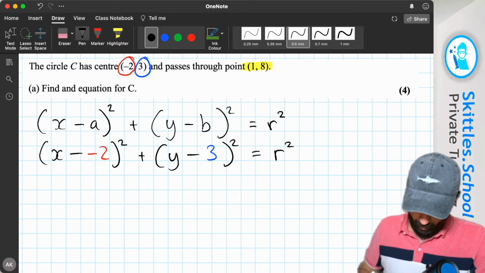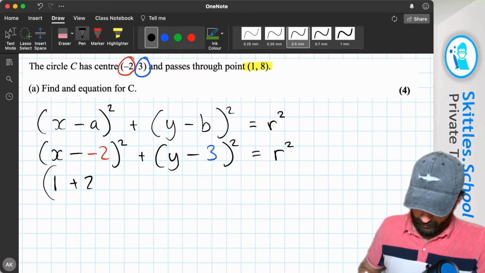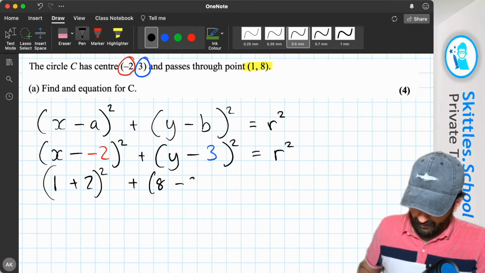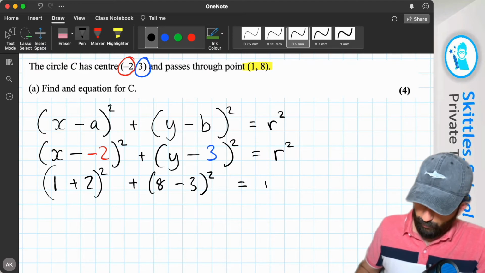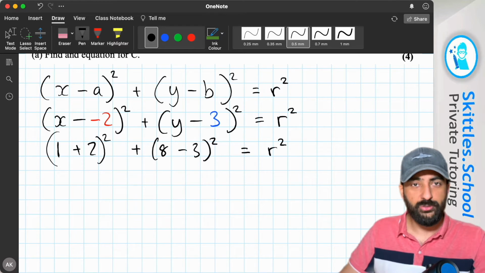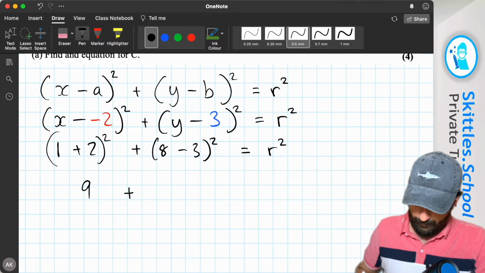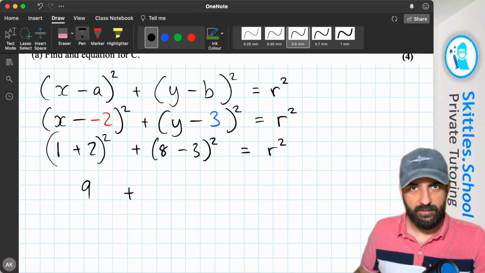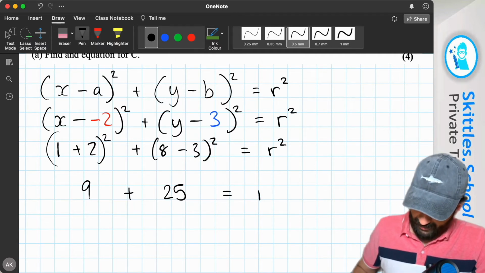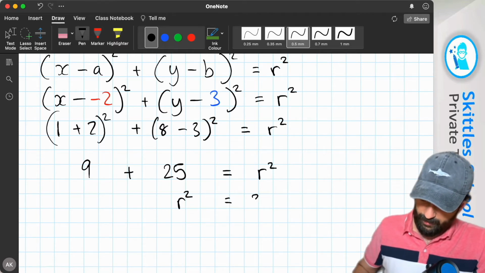If x is 1, minus -2 is +2, squared, y is 8 minus 3 squared, and that should equal the radius squared. Let's work all that out. So 1 plus 2 is 3, squared is 9. And 8 minus 3 is 5, squared is 25. And that should equal the radius squared. So now we know the radius squared is 34.